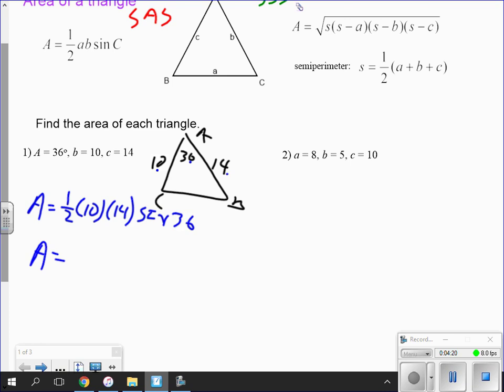And your area should be 41.1. And I don't give units, so I do not expect units in my answer. Not too bad, right? Okay.